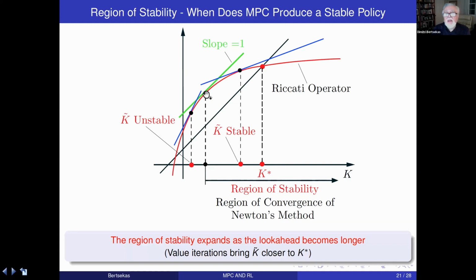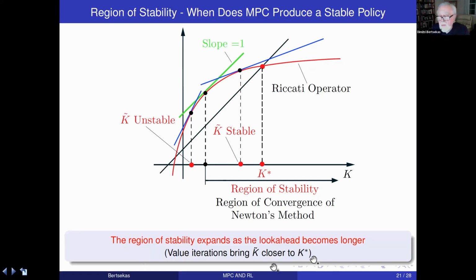And you can see that in this one-dimensional case, there's a unique scalar here that demarcates the region of stability from the region of instability. And this scalar corresponds to the point where the Riccati operator has slope exactly equal to 1. Because the Riccati operator is concave, everything to the right of this point leads to stable policies, everything to the left leads to unstable policies.